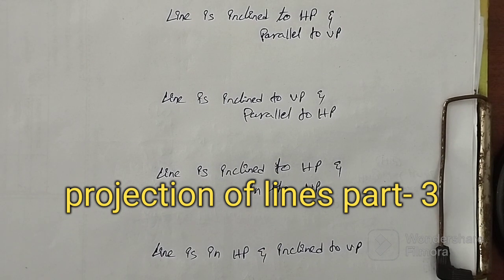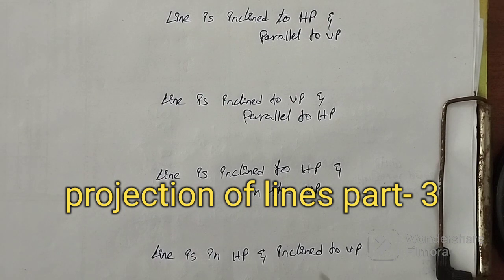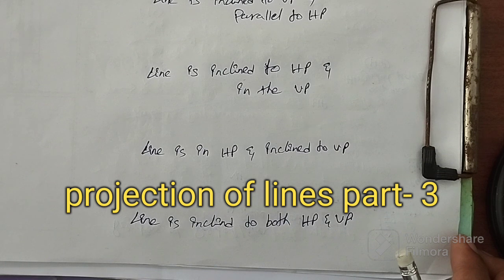In the previous class, we have seen different cases like line is parallel to both HP and VP, line is in both HP and VP, and so on. So today we shall discuss these 4 points, and a special case here: line is inclined to both HP and VP.